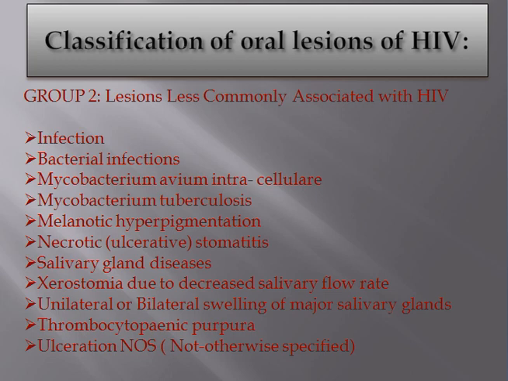The second group is lesions less commonly associated with HIV infection, and the different types of infections or inflammations in the oral and maxillofacial region: bacterial infections, Mycobacterium avium-intracellulare, Mycobacterium tuberculosis, melanotic hyperpigmentation, necrotizing ulcerative stomatitis, salivary gland diseases, xerostomia, unilateral or bilateral swelling of the major salivary glands, thrombocytopenic purpura, and ulcerations.